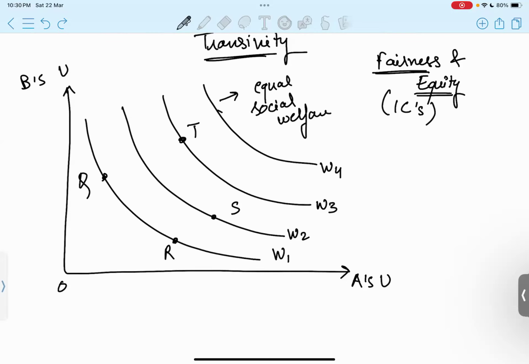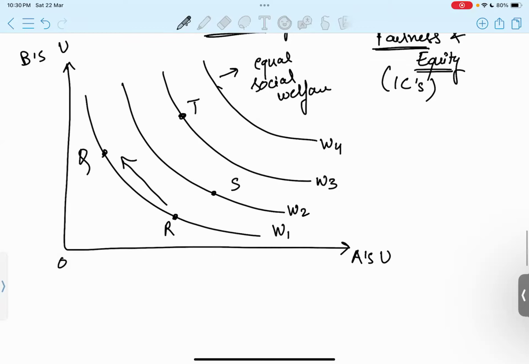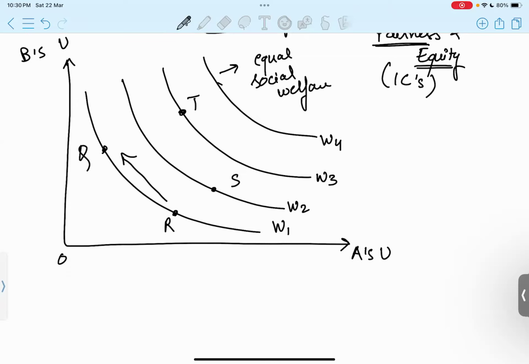So with two people, fairness and equity being considered is part of the value judgment, which is given by the shape of the indifference curve. If there's any change in the society which causes movement from point R to, let's say, point Q, which is on the same W1 social welfare curve, we can see that individual B's utility increases, because we're moving upwards.